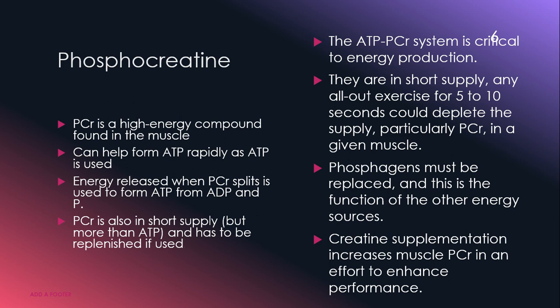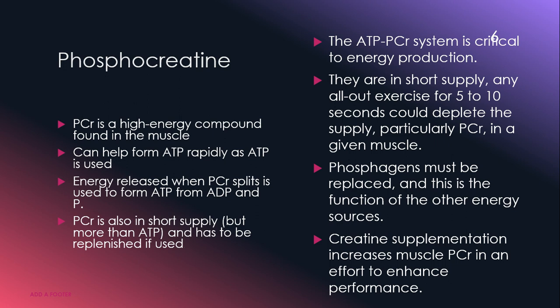Phosphocreatine, or PCR, is stored in the muscle in limited amounts. Splitting requires the high energy bond release of energy, which can be used to rapidly synthesize ATP from ADP and phosphagen. ATP and PCR are called phosphagens and together represent the ATP and PCR energy system.